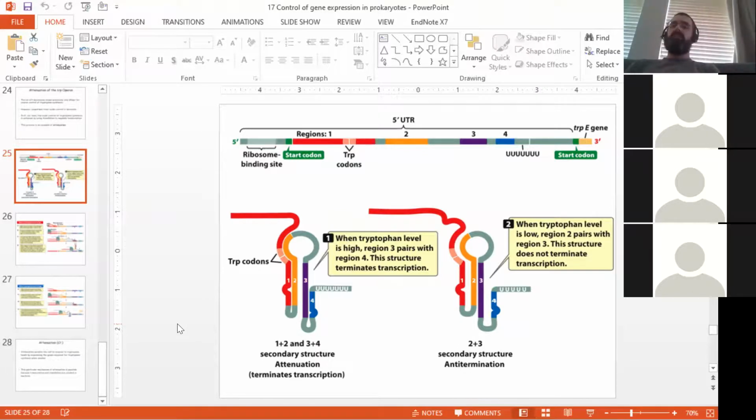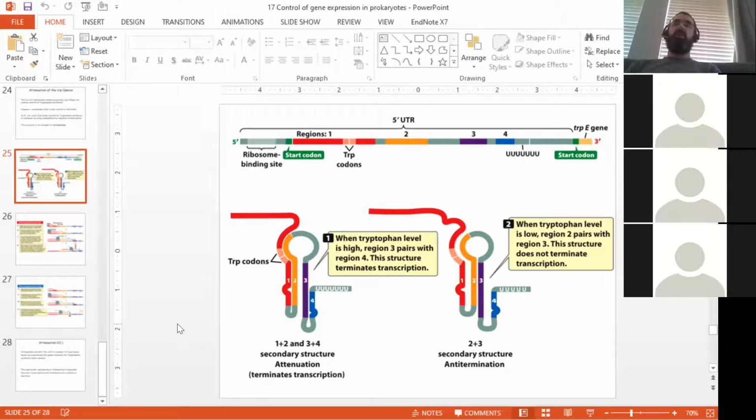Now, how do we translate cyclic AMP levels into the fine control of the lac operon? What protein do we need? CAP, what does that stand for? P is for protein, that's easy. There you go, catabolite activator protein, right?